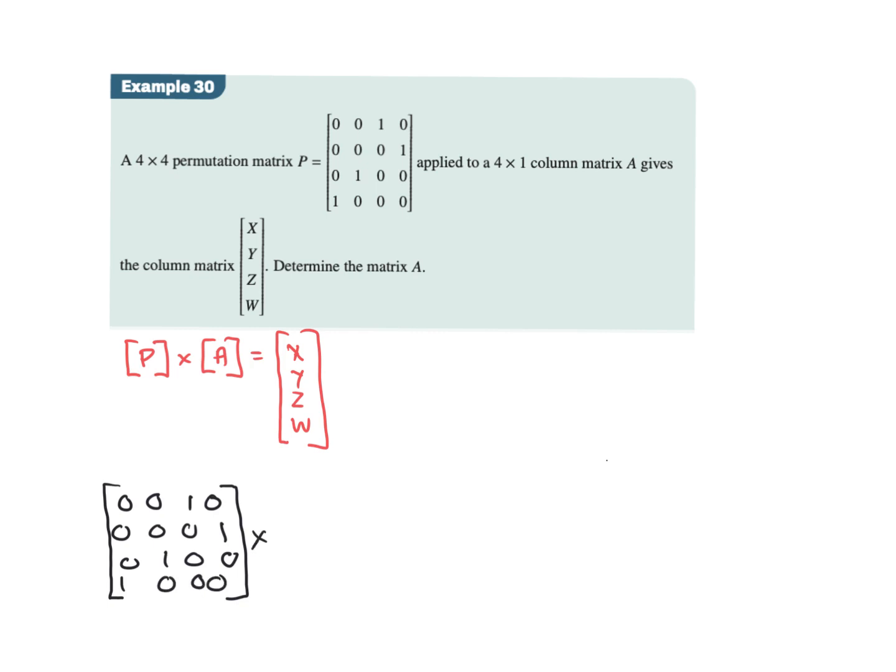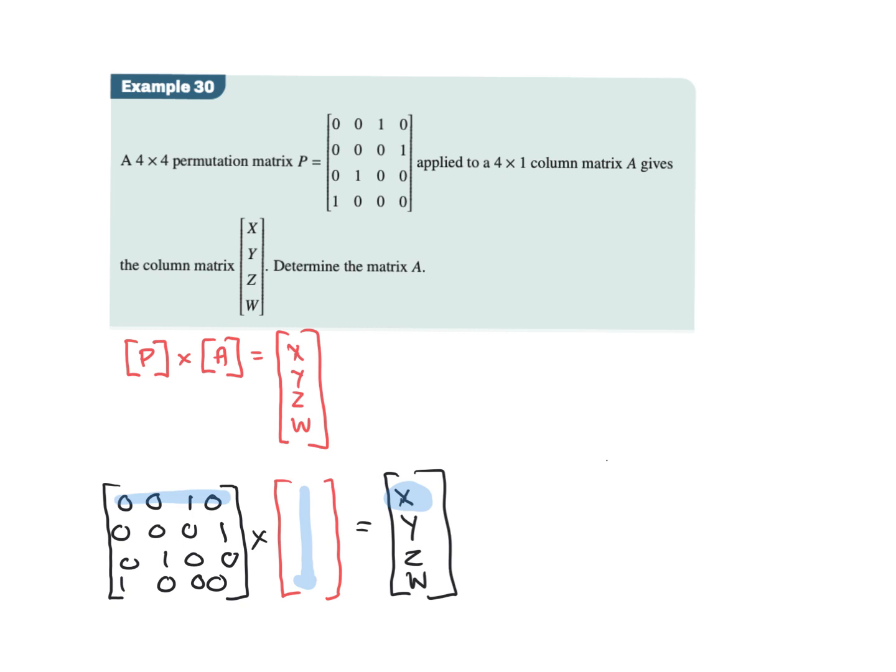Okay, so we're going to times it by this matrix A, which is the one we've got to work out. And we know when we do that, we're going to end up with the X, the Y, the Z, and the W. So when we've got this letter X, obviously when we run down here, we want X to show on the third spot, because that's where the 1 is.